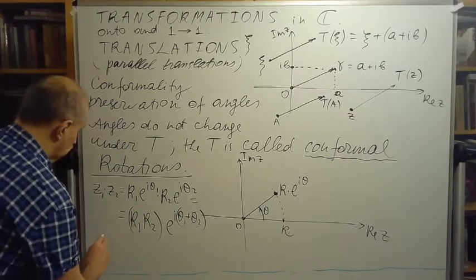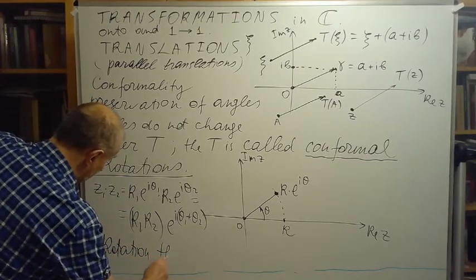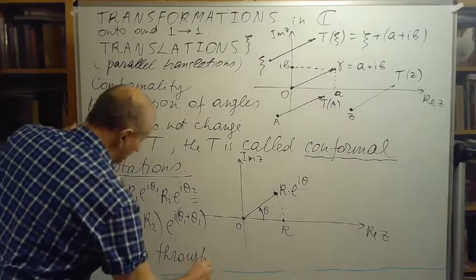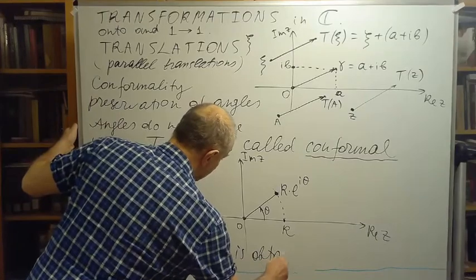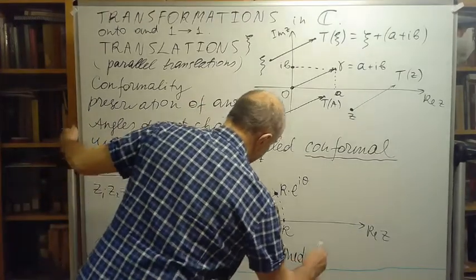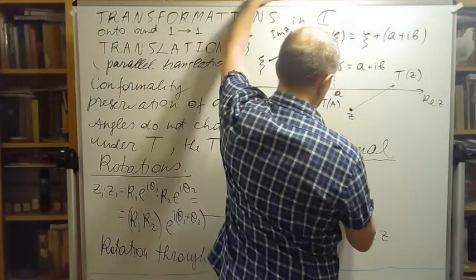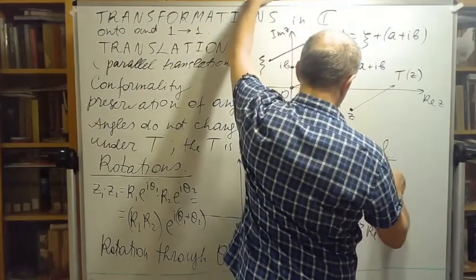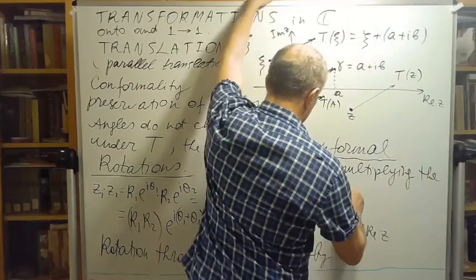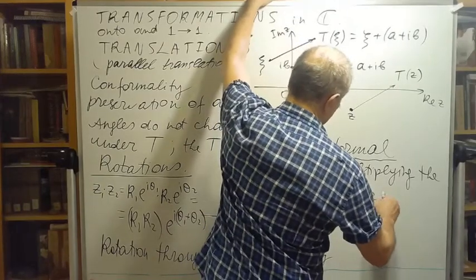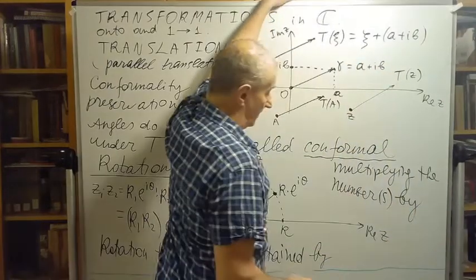So rotation through theta is obtained by, I will continue writing here, multiplying the numbers that we are considering, or numbers if we are talking about the whole plane, by what factor?